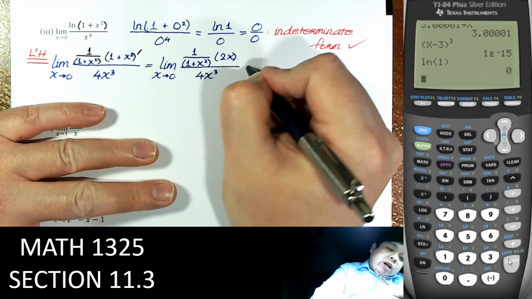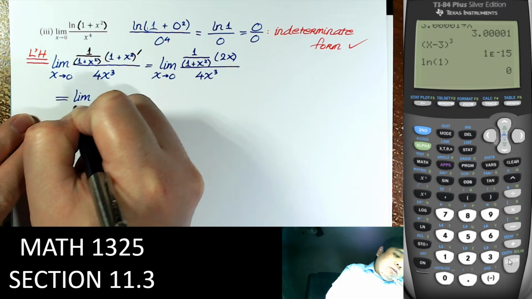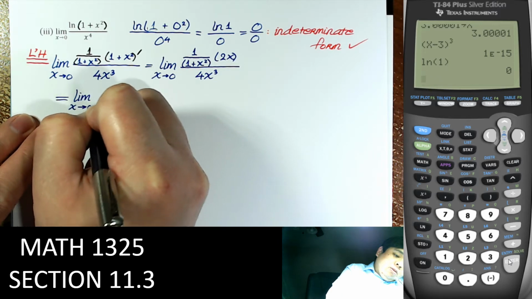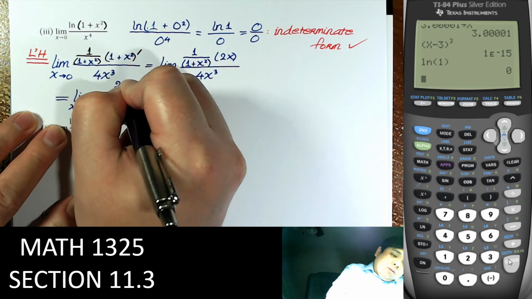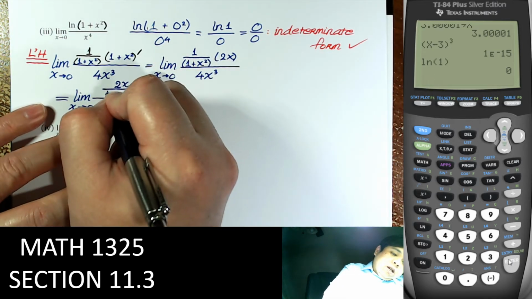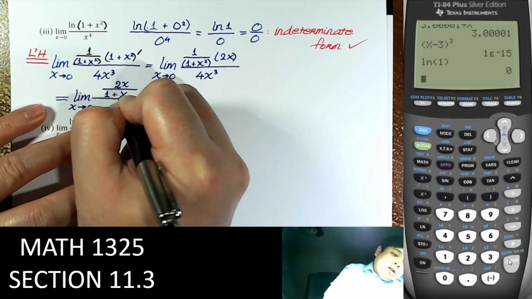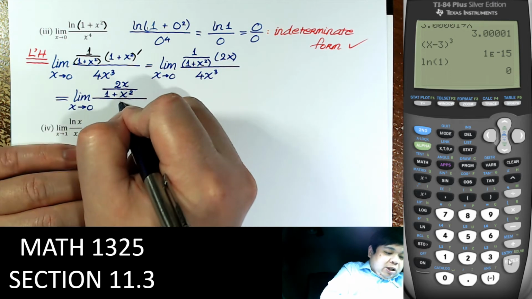So put 2x on the top, over 1 plus x squared, and then 4x cubed.